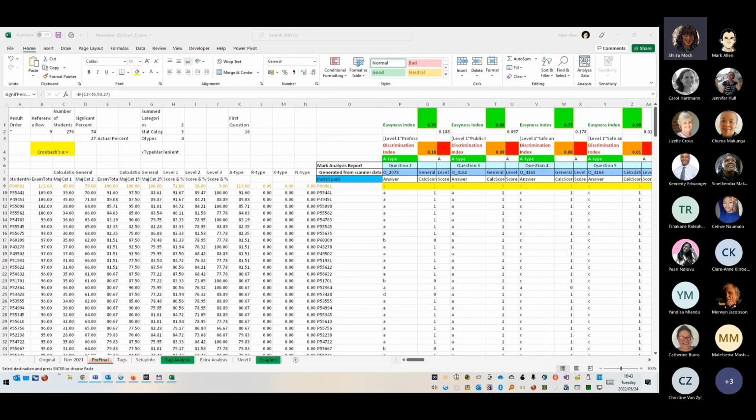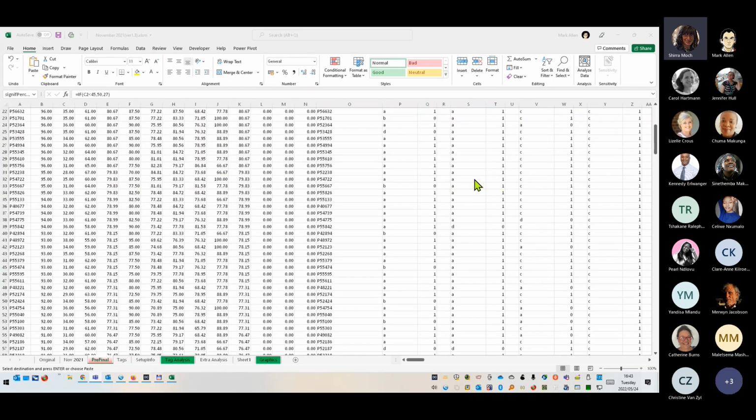And yeah, so that's the question. The question is, do the stats tell you something meaningful about the way that you set up your exam? And it speaks to your exam philosophy, like what are you wanting the exam to show you?